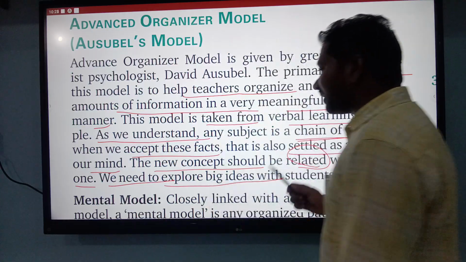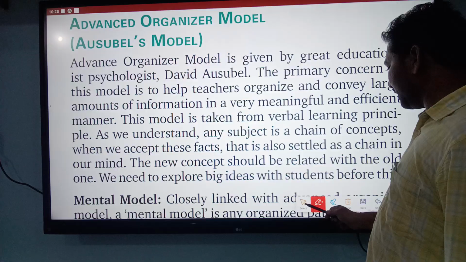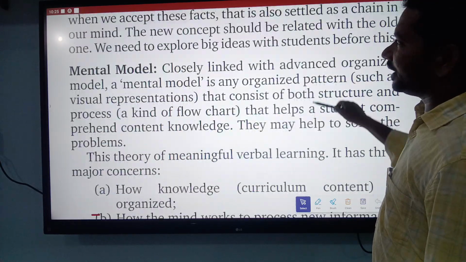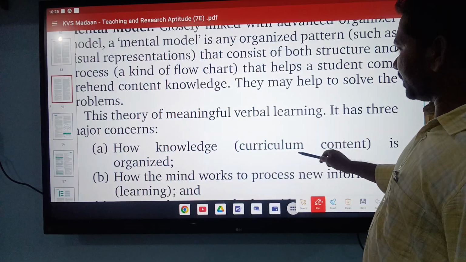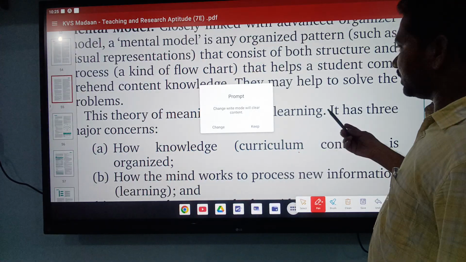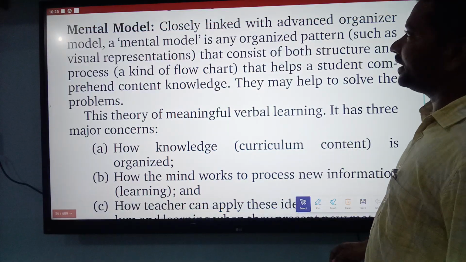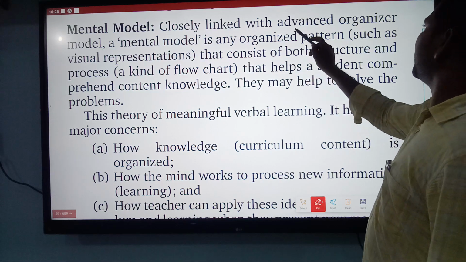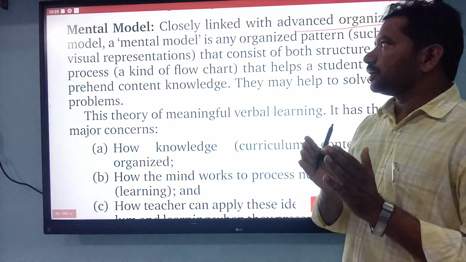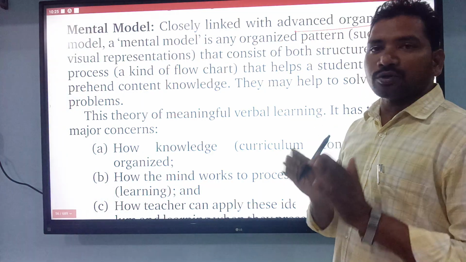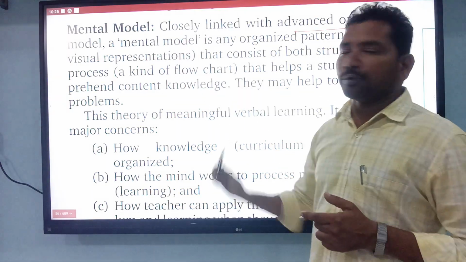Then move to another thing, the mental model. What do you mean by mental model? Dear friends, the mental model is closely linked with the advanced organizer model. If you take the advanced organizer model, it is also related to the mental model.